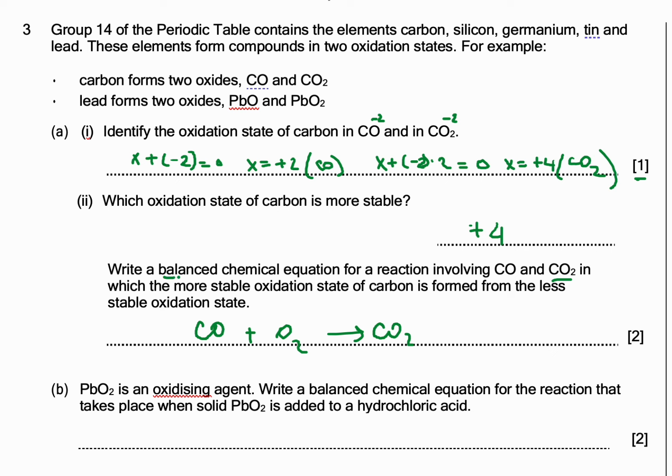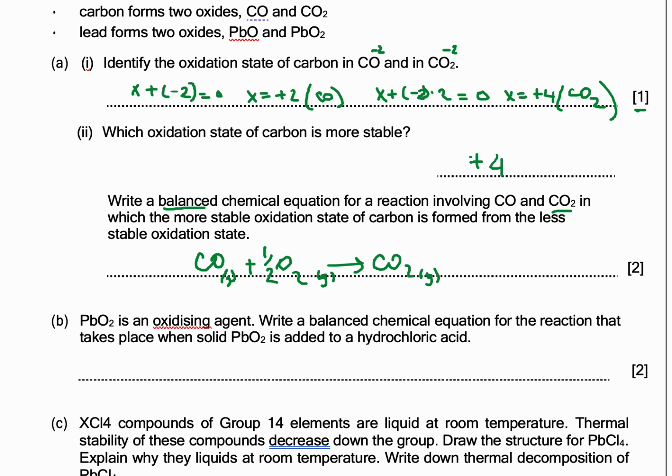When you write a chemical reaction, please don't forget to balance. So you can put here 1 divided by 2, and we get carbon dioxide. Also, you can write physical states. All are gases, here gas, and also here gas.